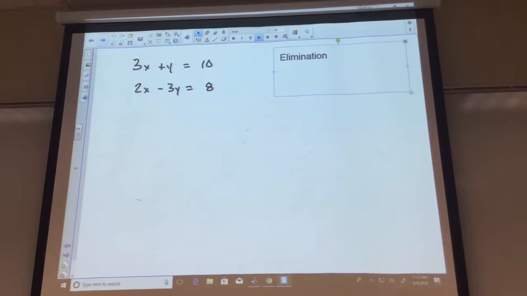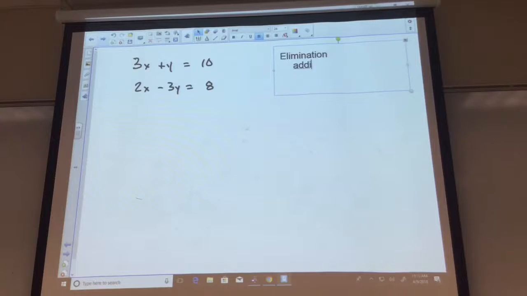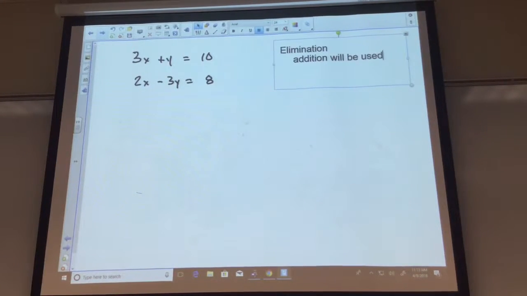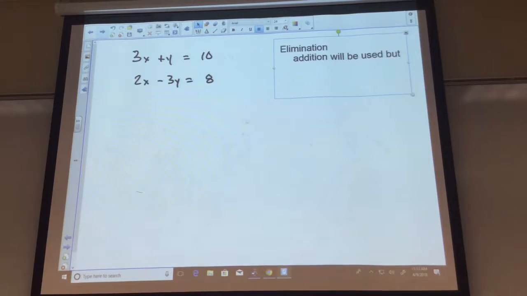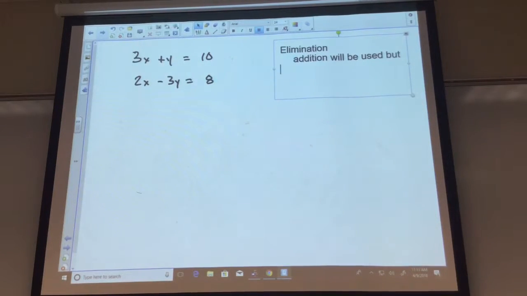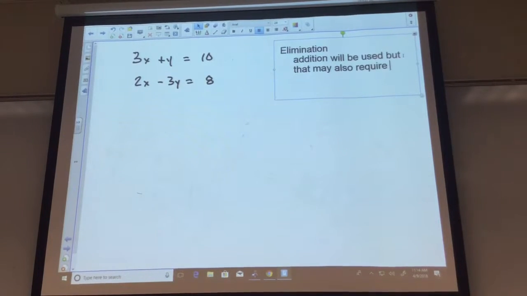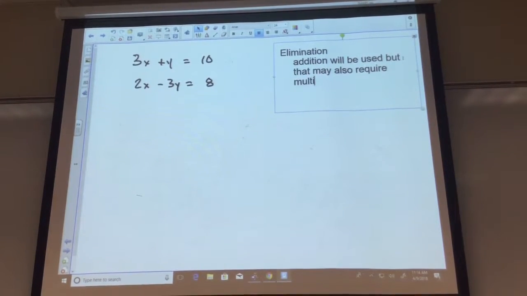Then we have addition will be used, but let me stretch this out just a second here. That may also require multiplication.